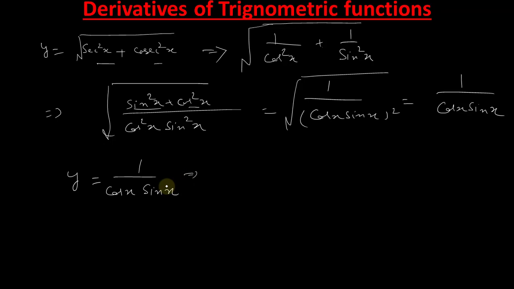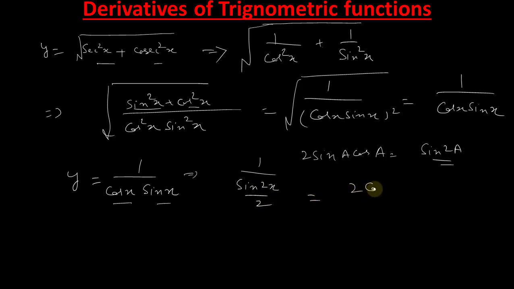We have another formula, 2 sin a cos a is equal to sin 2a. So cos x sin x can be written as sin 2x divided by 2. So it is 1 by (sin 2x divided by 2), which is 2 cosecant 2x.